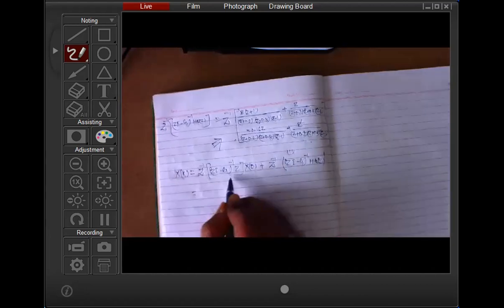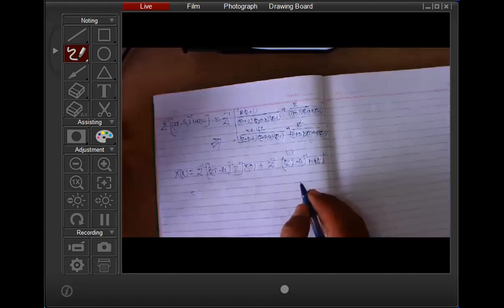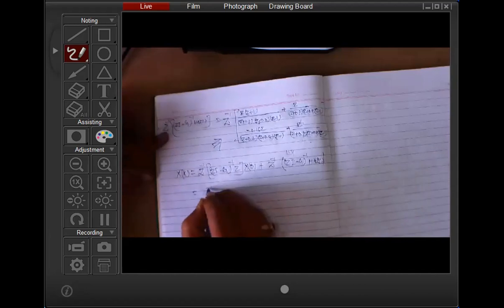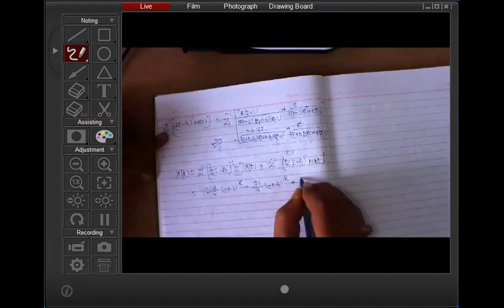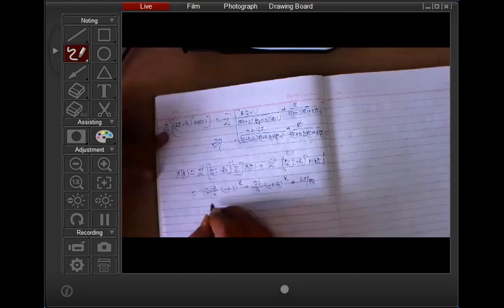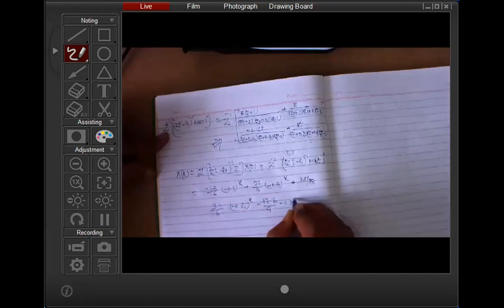If you combine the first part plus the second part, then the output equation is equal to: first element minus 17.6 times (minus 0.2)^k plus 22 by 9 times (minus 0.8)^k plus 25 by 18, and the second element 3.4 by 6 times (minus 0.2)^k minus 17.6 by 9 times (minus 0.8)^k plus 7 by 18.